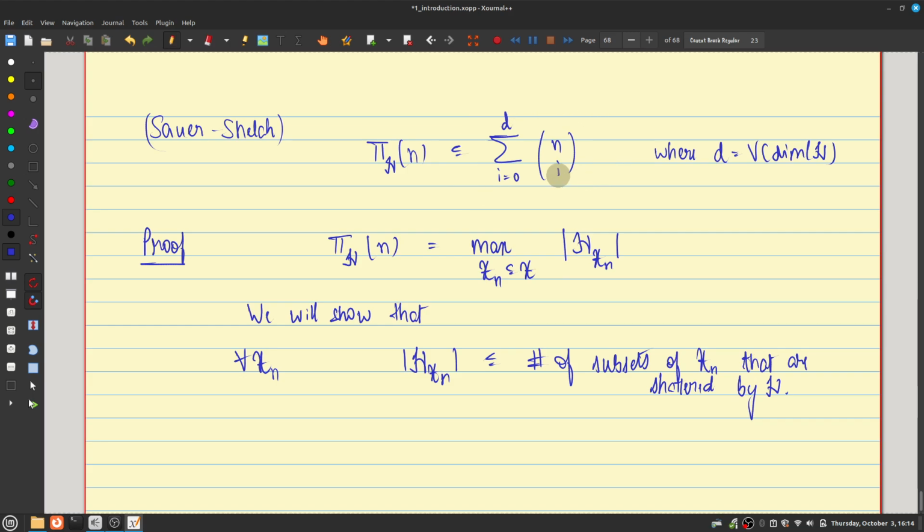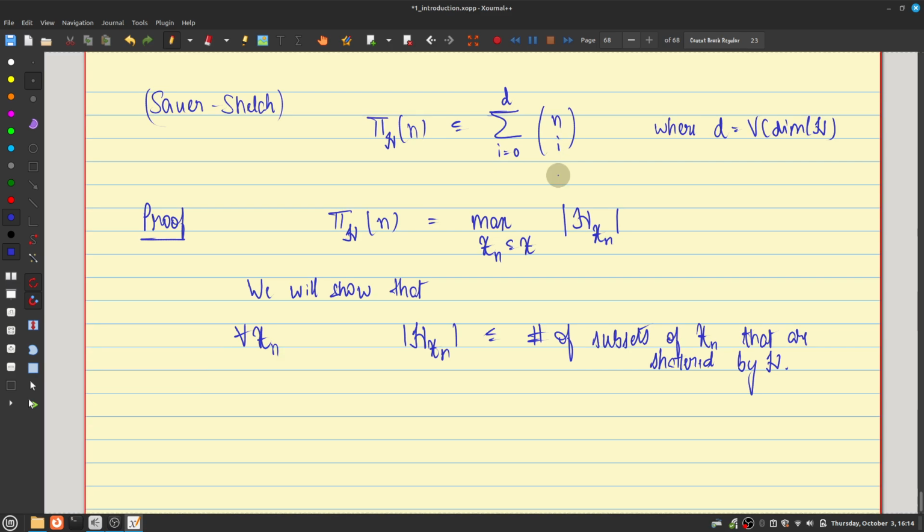What does this particular quantity give? Correct. For n less than d, it will always be 2 to the power n. So now you see that this kind of holds. For n less than d, it's anyway true. What about n greater than d? What does the right hand side evaluate to?